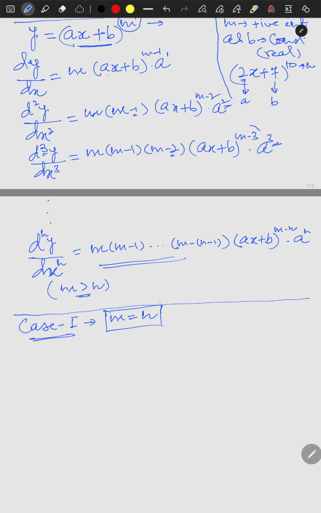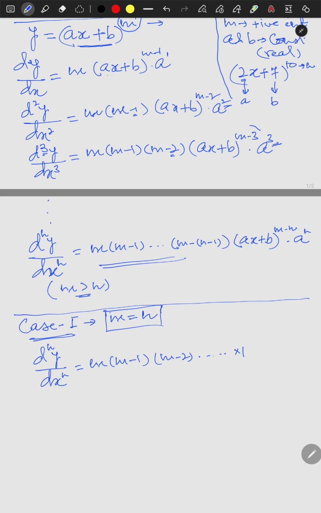Since m and n are the same, in this case d^n y over dx^n should be m(m minus 1)(m minus 2) and at last up to 1. Okay, this is the product.